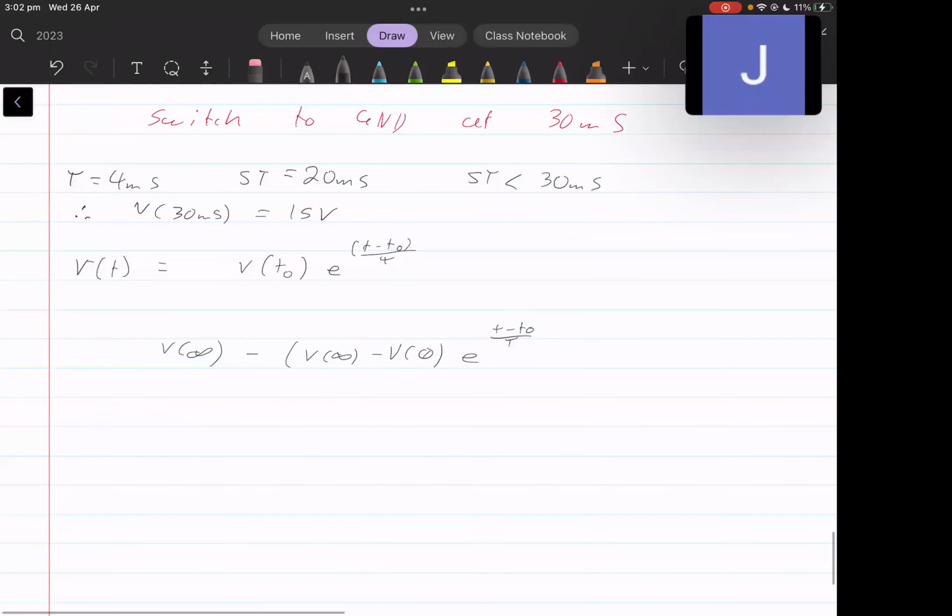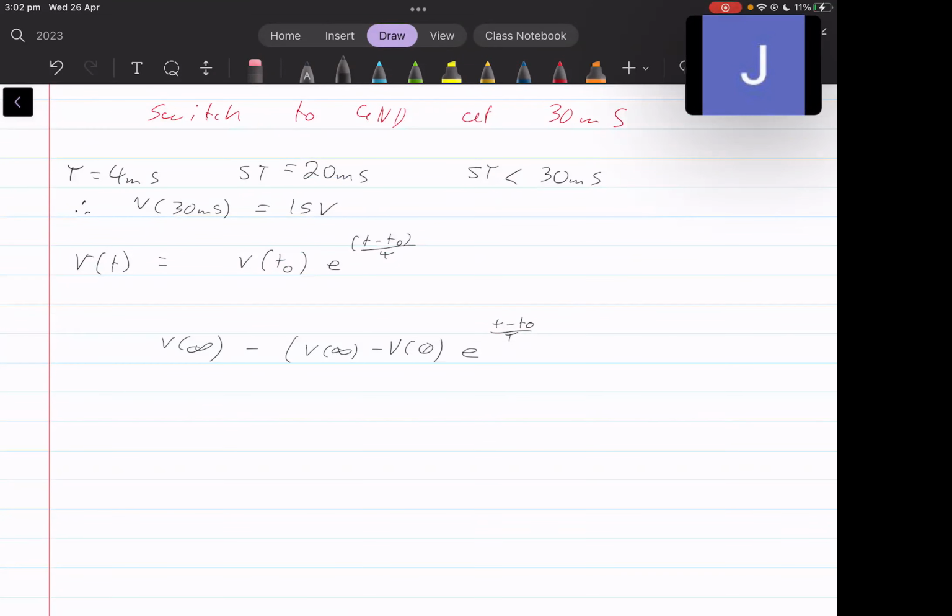So you can choose to memorize just this one main formula and use that instead, which I'd probably recommend because the less things you have to remember in the exam, the less likely you are to forget things.